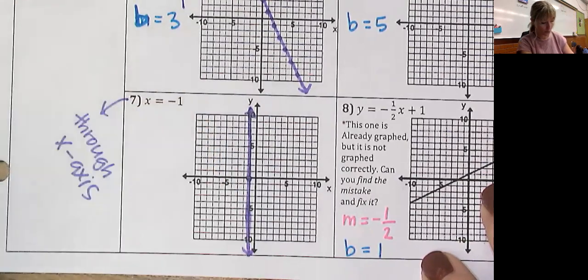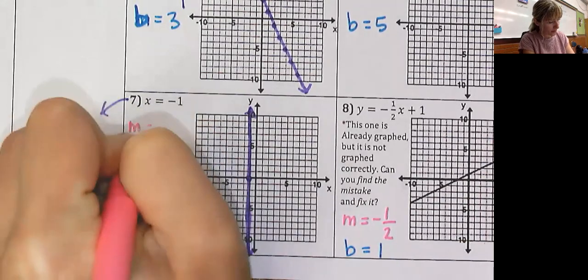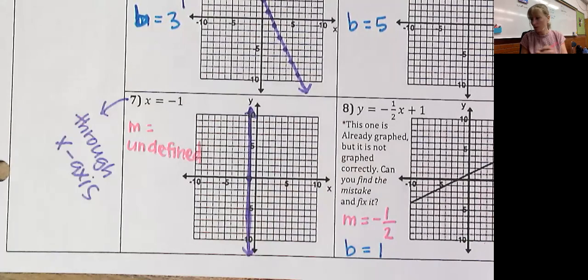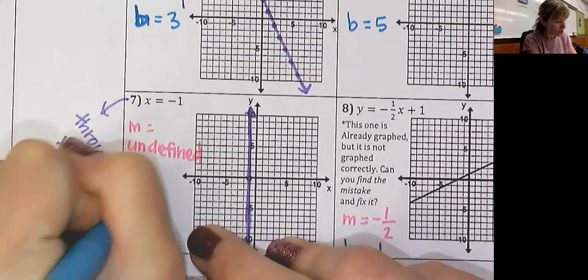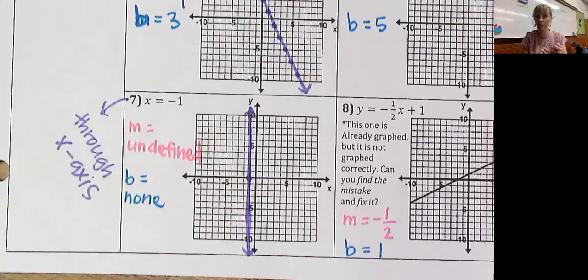It's not in the right form. And actually, you know what that means? That means what's the slope? It's undefined. And what's the y-intercept? There is none because it never crosses the y-axis. That's a weird one, and you're going to work a lot more on those next week with Miss Johnson.